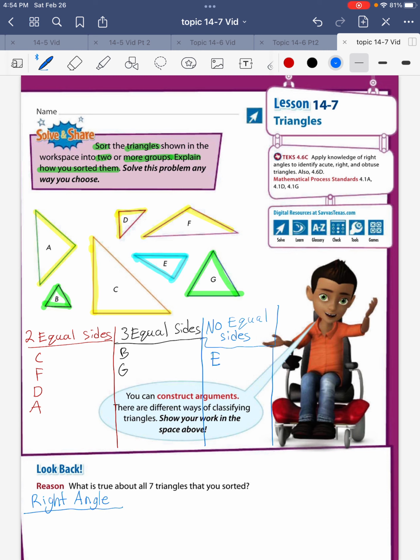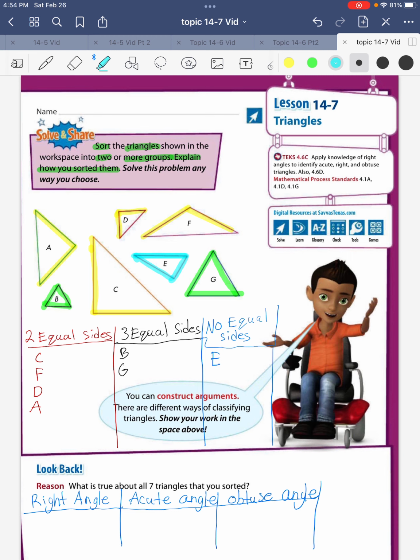We learned about an acute angle. And we learned about an obtuse angle. So now I'm going to sort my triangles by angles.